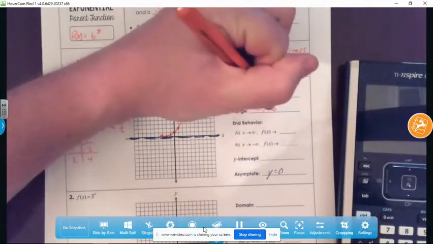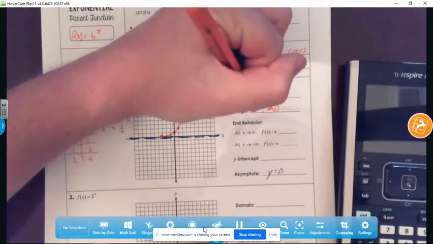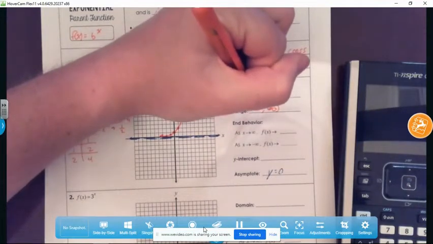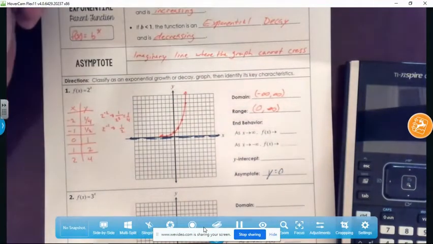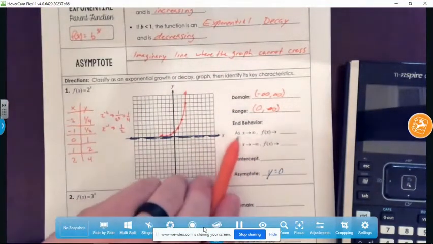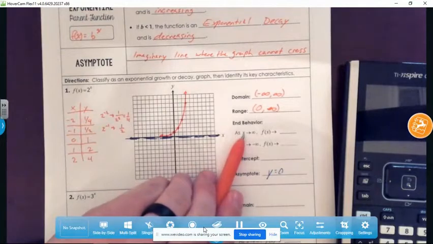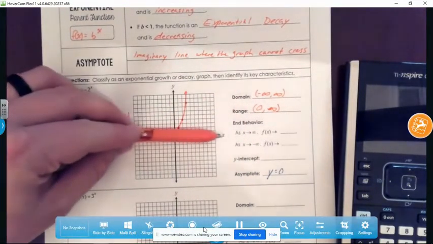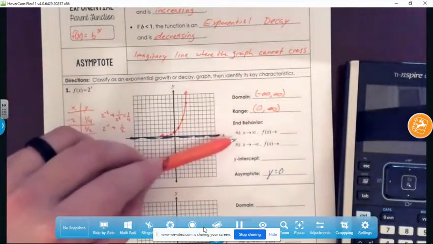And we are going to use a soft bracket here because we cannot include any point on the line of that asymptote. So we have to use a soft bracket here. In behavior, so basically what this means is look at your x values. As your x value approaches infinity, so as your x value increases, what happens to your y value when we're all the way out here?